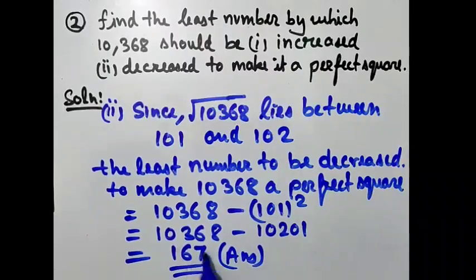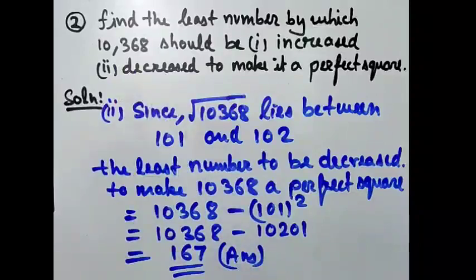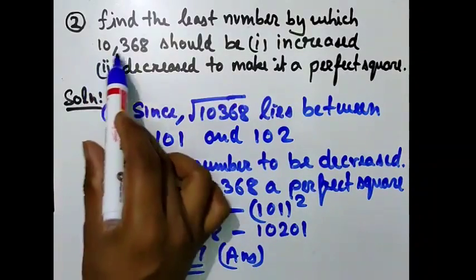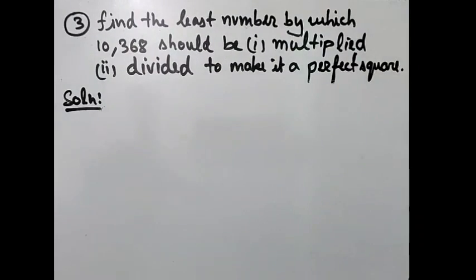So the least number that should be subtracted from 10,368 to make it a perfect square will be 167. Means we have to make 10,368 into 10,201. So if we subtract 167 from this, it will become 10,201, which is a perfect square, right?